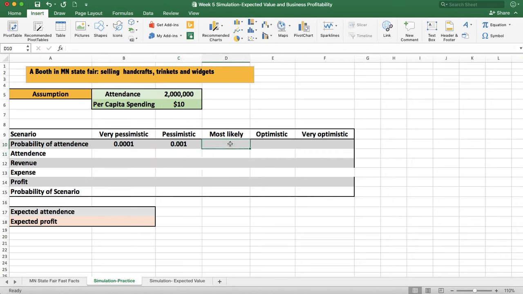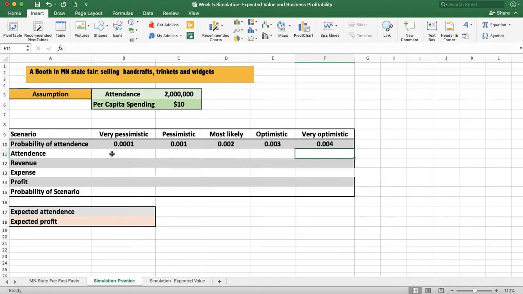Most likely is 20 over 10,000, and optimistic is 30 over 10,000. Very optimistic, 40 over 10,000.